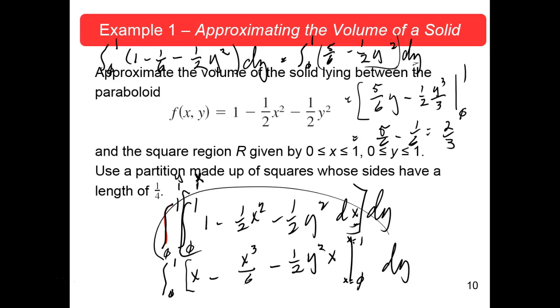They did it by Riemann sums. We didn't. They got 0.672. What do we get? 0.677. We got it exactly. They came pretty close, though, surprisingly. Okay? So let's keep trucking.